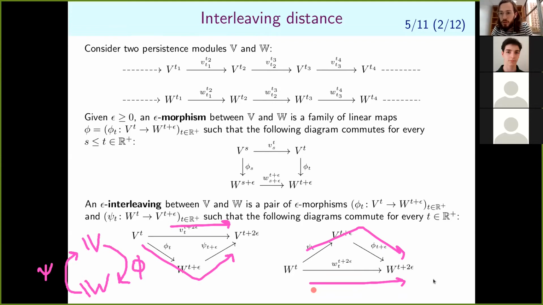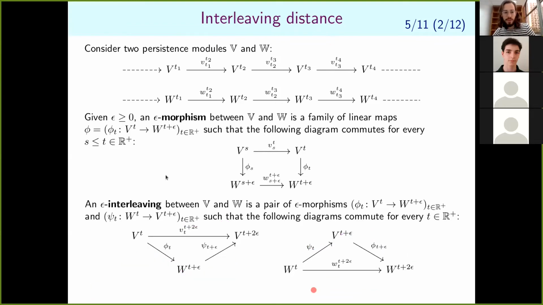We will see very soon that this is a nice definition. When I have the existence of an epsilon interleaving, I will say that my persistence modules are epsilon interleaved. And really, being epsilon interleaved means that they are close to each other. We will see that soon.